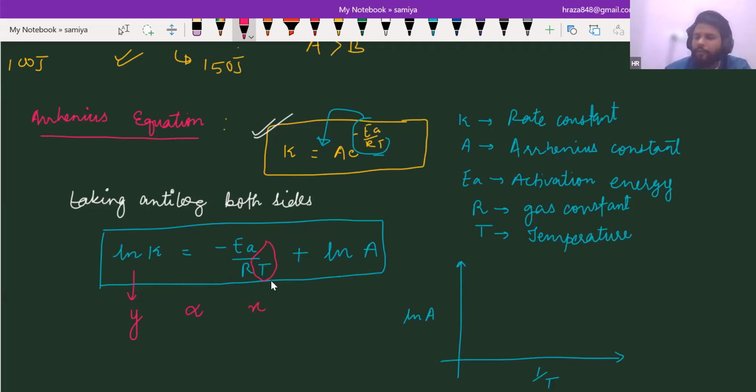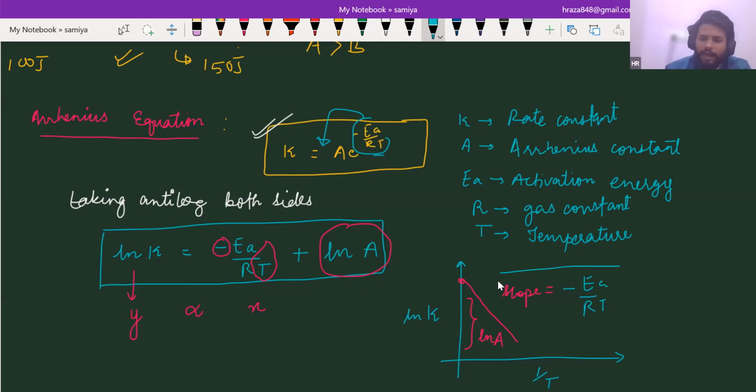That's why the graph will be a straight line, but there is a negative sign that shows the graph will be downward like this, and this part will be the intercept, which is ln A. The graph is between ln k versus 1 by T, and the slope is basically minus Ea upon R.